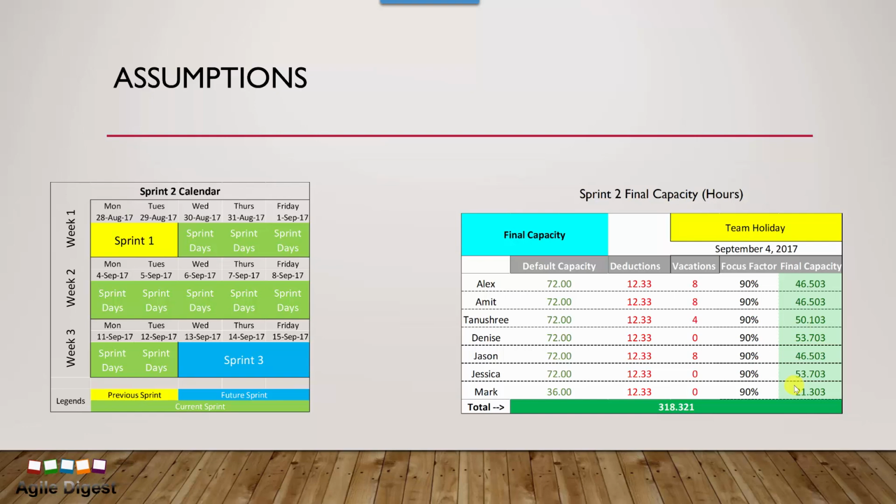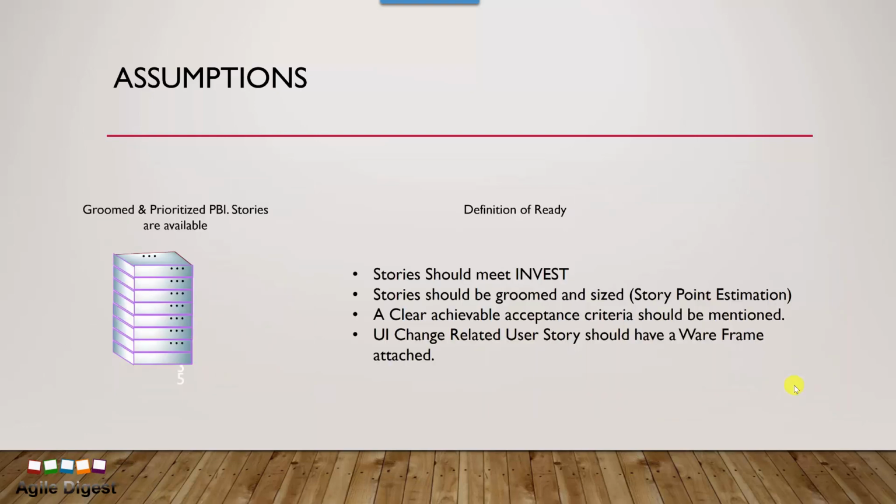Let's quickly jump into Rally and see how we'll be able to configure the same thing, and then we'll proceed to do our sprint planning. And before that, there will be one more assumption. We are just assuming that we have a groomed backlog where all the stories are in groomed state. If you want to know how we groom stories, there is another video you can watch on YouTube within the Agile Digest channel.